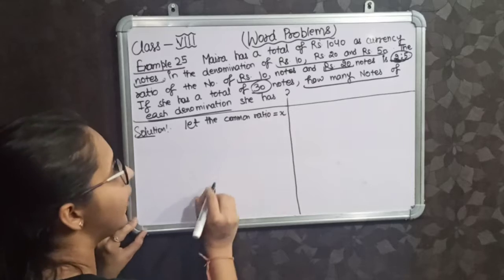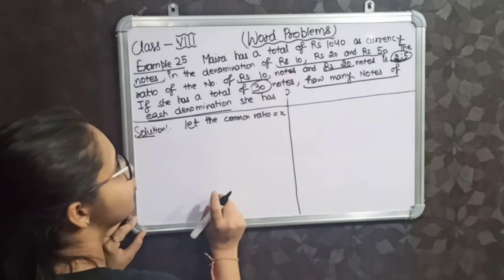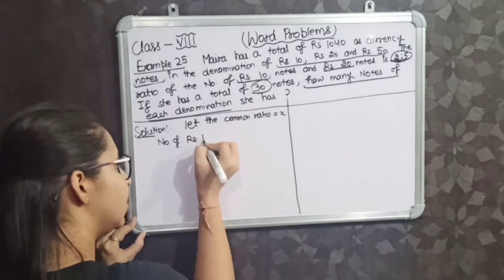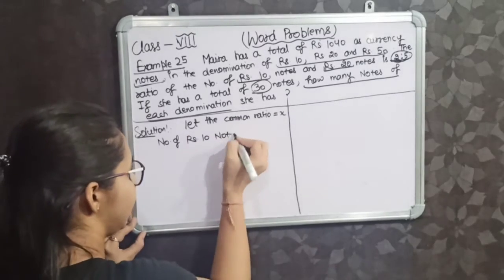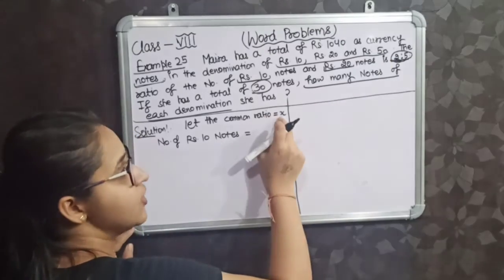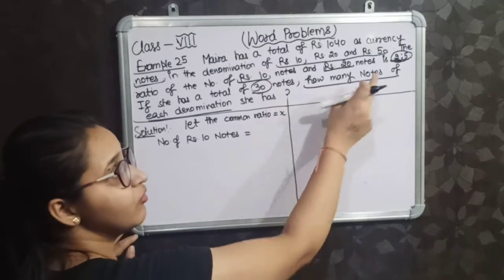Now the number of rupees 10 notes will be, the ratio is 2:5, so you will multiply x with 2.